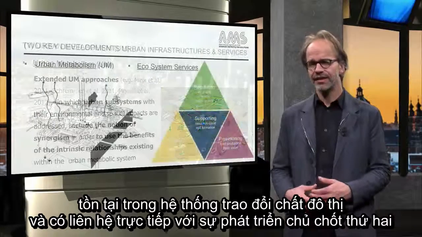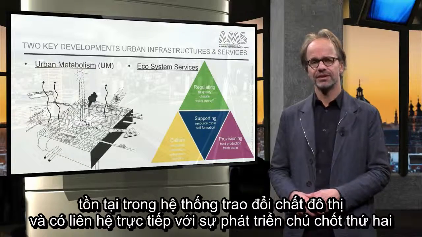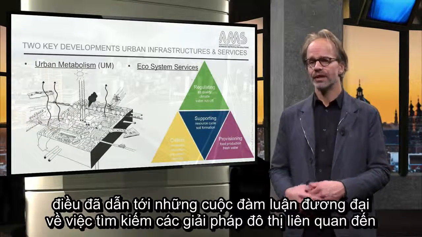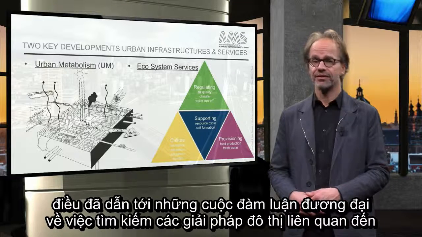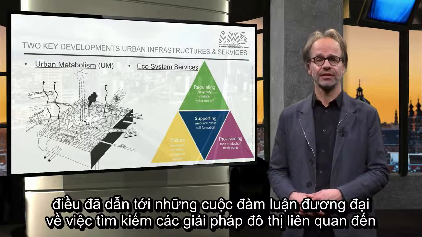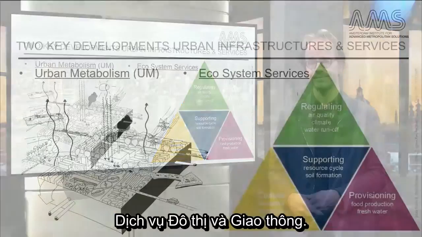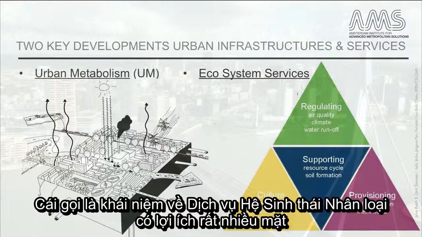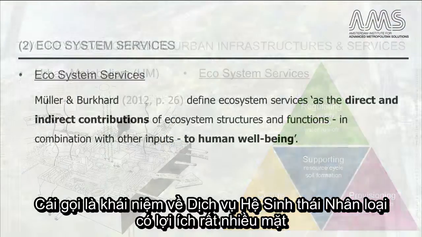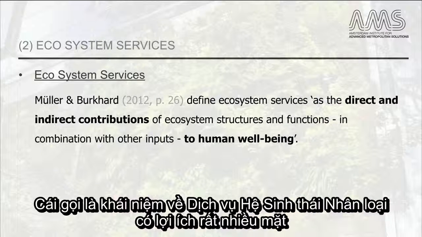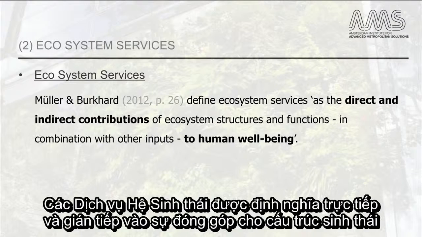And this directly connects to the second key development, which is leading in today's discourse on finding metropolitan solutions regarding urban services and transport. The so-called concept of ecosystem services. Humankind benefits in a multitude of ways from ecosystems.